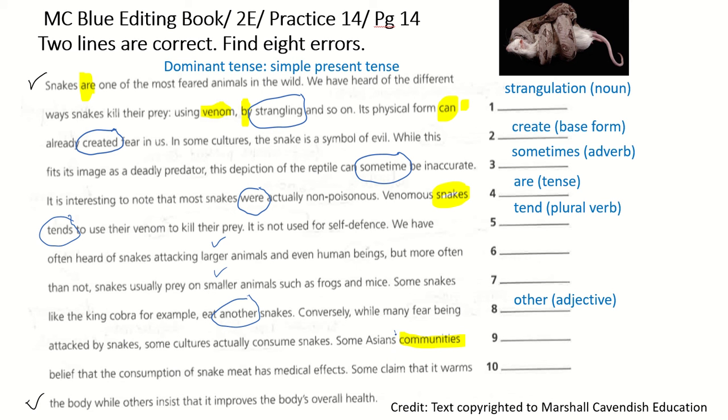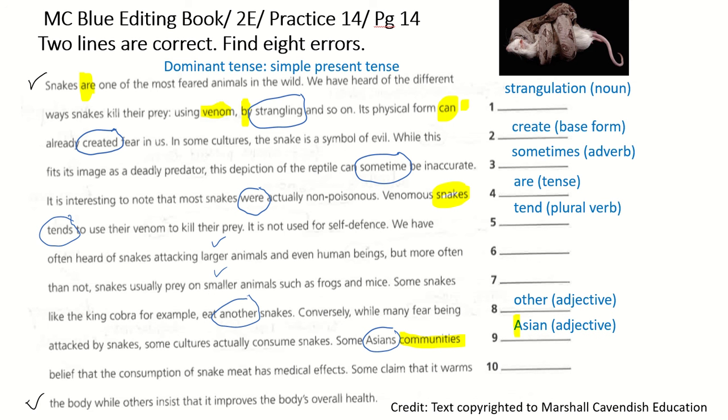So it should be an adjective instead, "Asian", to describe the community. Note that it should be capital A because it is a proper noun.